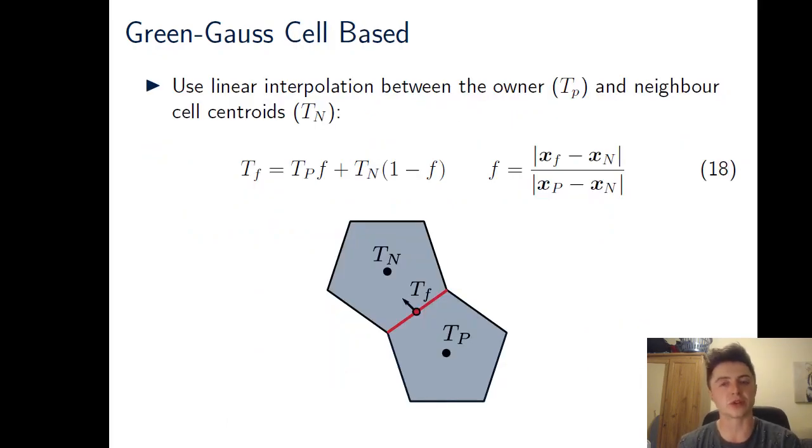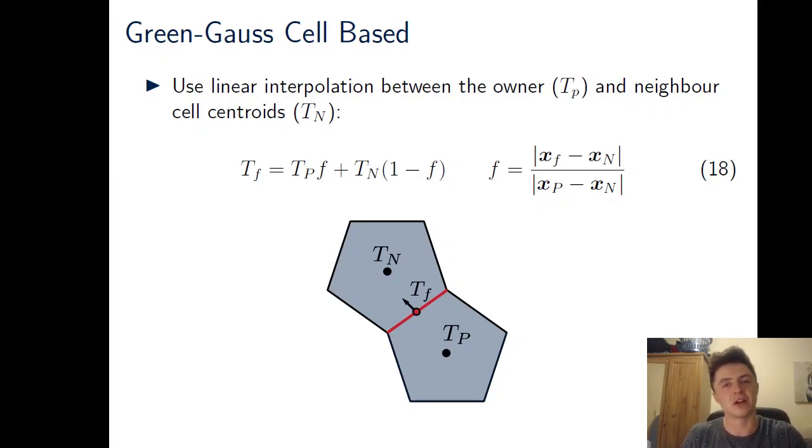Starting with the cell-based method, you may have seen this linear interpolation scheme before. It's quite common and it's the scheme that's used for central differencing. The value on the face, TF, is going to be a linear interpolation between the centroid values, TP and TN, of the cells that surround that face.